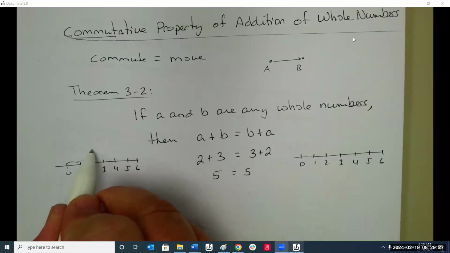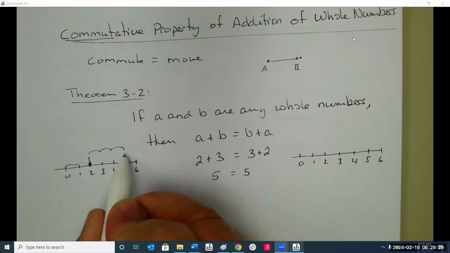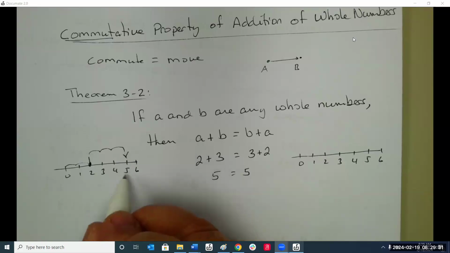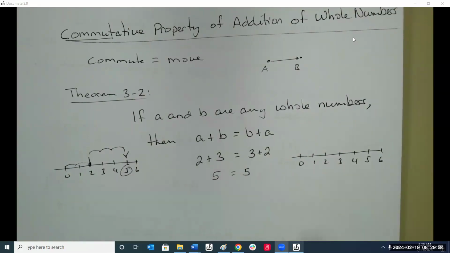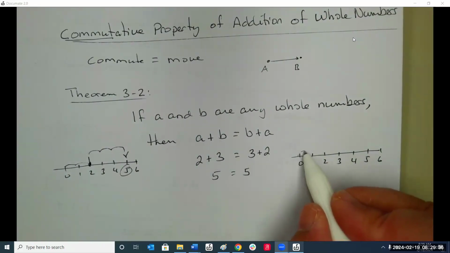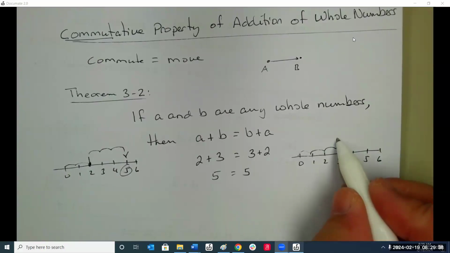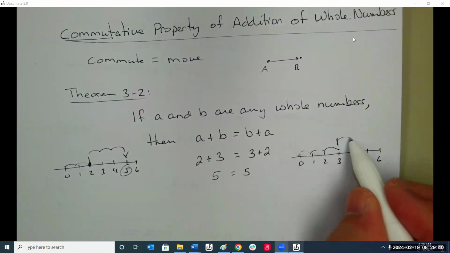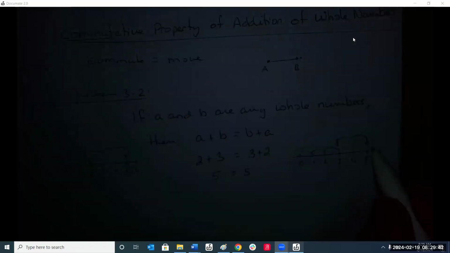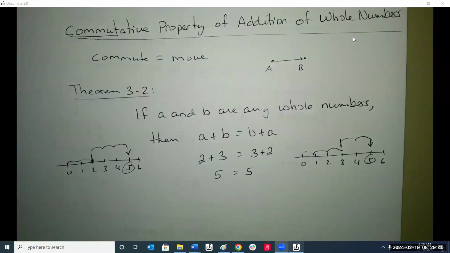Now we add 3, so 1, 2, 3. It equals 5. Or we can start at 3 and add 2, 1, 2. It also equals 5.